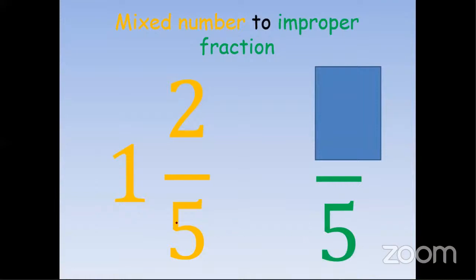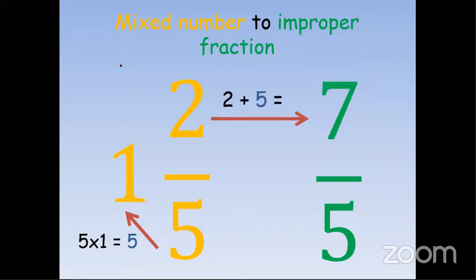Then get the denominator and multiply it by the whole number. Then after that, add it to the new answer there. That's how we are doing the conversion.